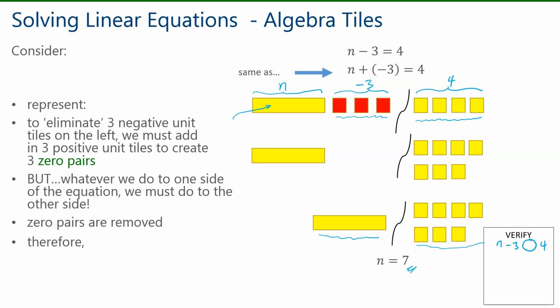In place of the n, we put the 7 that we just found. 7 subtract 3. We're trying to figure out if this equals 4. 7 subtract 3 is 4. And yes, 4 equals 4. n equals 7. Correct solution.